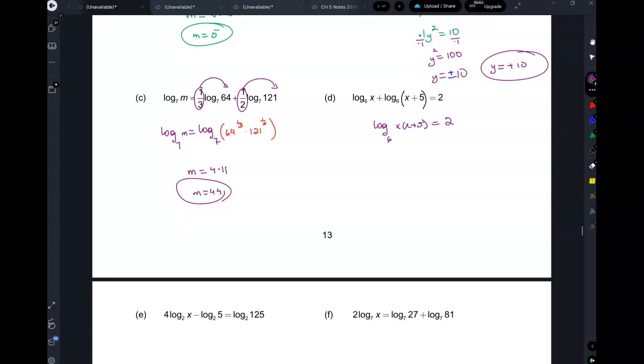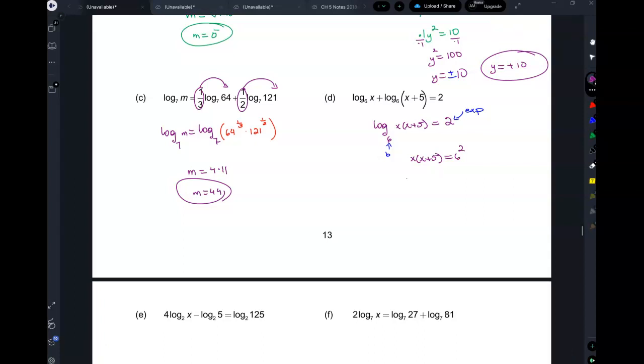If there's only one logarithm, then what do we do? We have to solve it. 6 to the power 2. Yes, good. So now you say, oh yeah, that's an exponent. Every exponent needs a base. That's the base. So we say x times x plus 5 is equal to 6 squared.